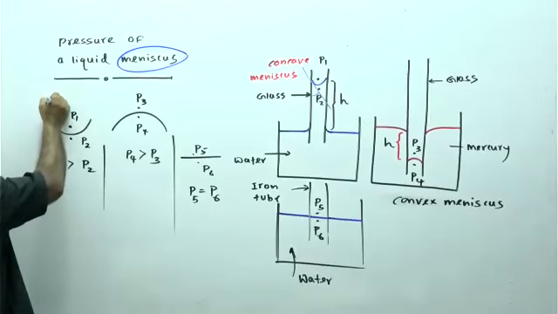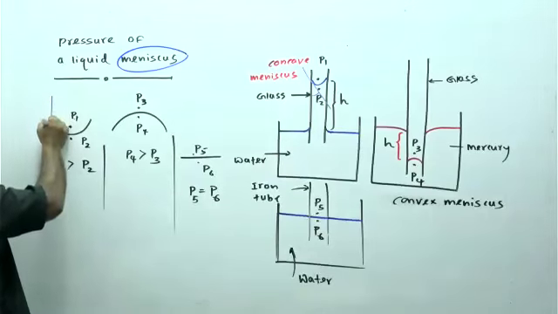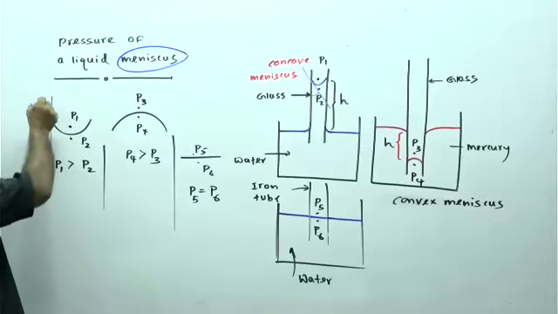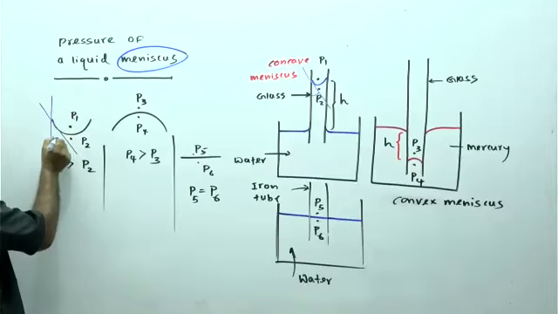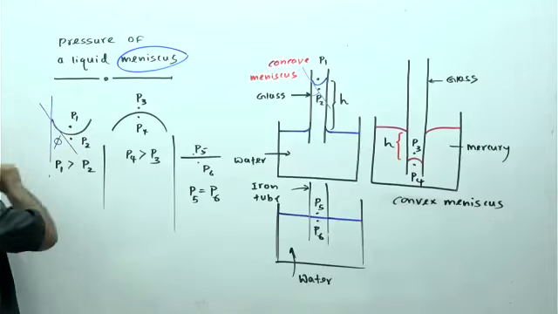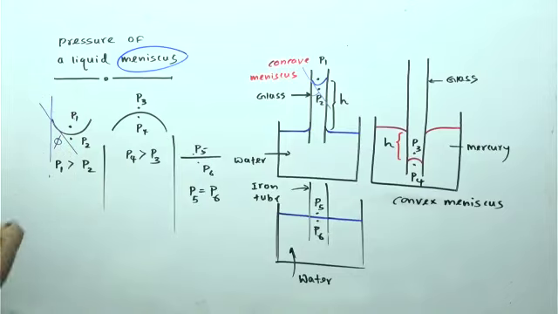This is the margin of the tube, and here we have the tangential line. In this lesson we give this a name: the angle of contact.